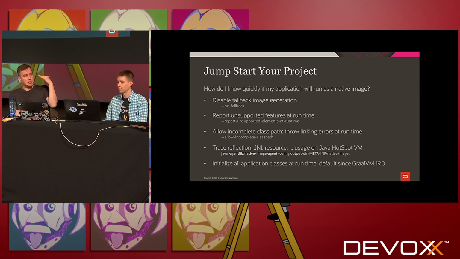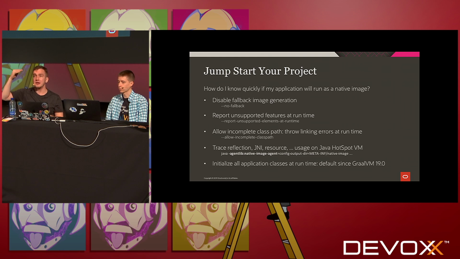You want to use the flag report unsupported elements at runtime. What it does, it makes your application blow up at runtime. By default, the native image would be very strict. If it finds something that it is not satisfied with, like a class is missing, or some linking is not figured out, right?